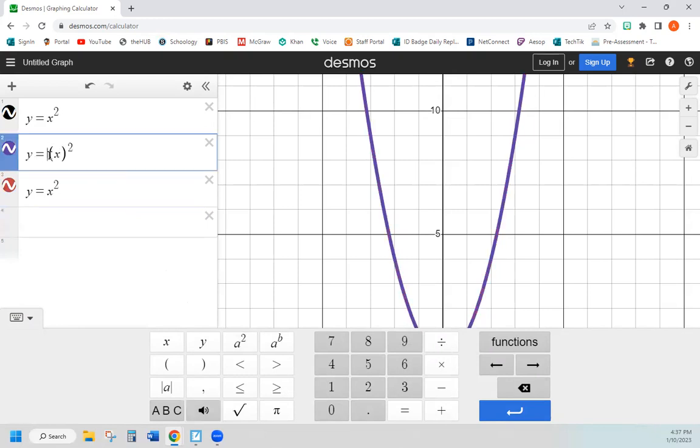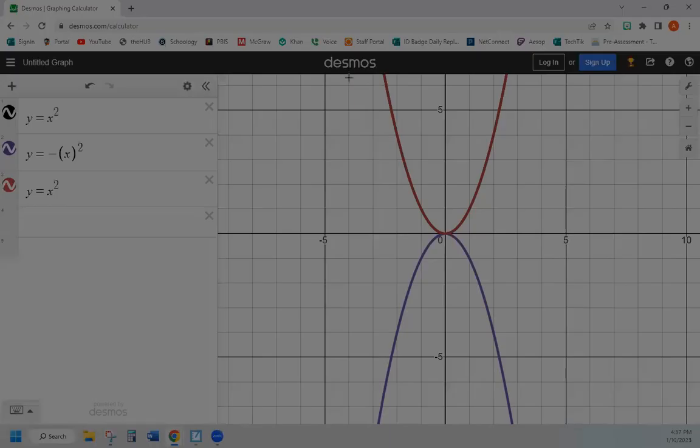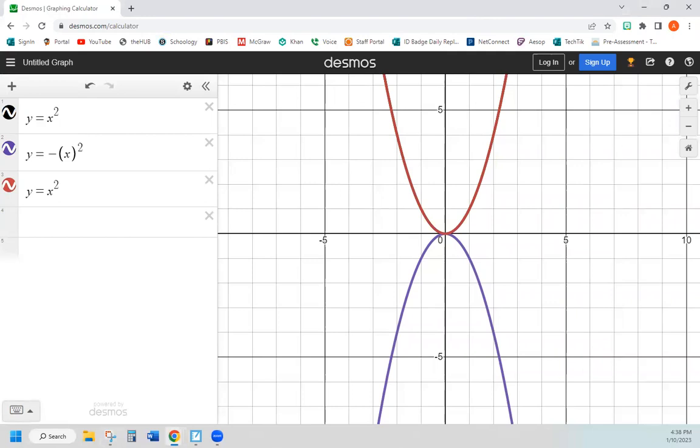Let's see what happens with the purple one if I multiply by a negative outside. By a negative outside, we learned that we will reflect over the x-axis. So it's going to go downwards like this. Got it. Now, I need to make a snippet of this because what I'm about to explain is very difficult to imagine.